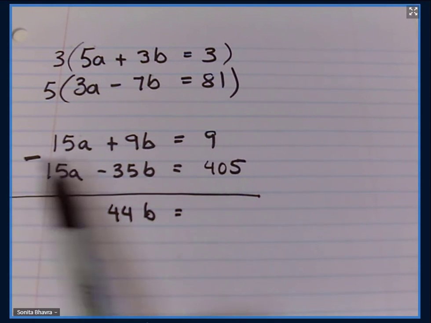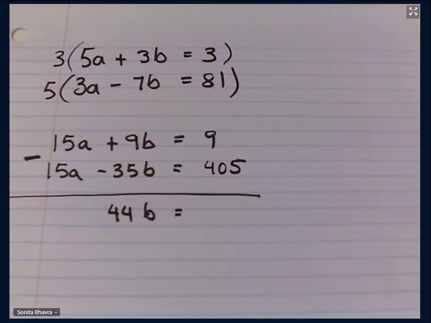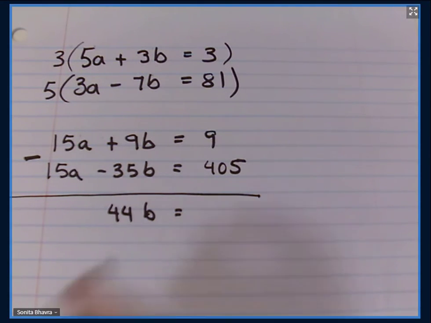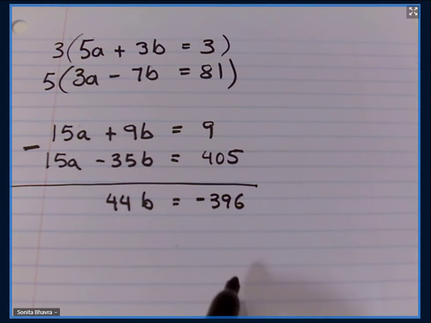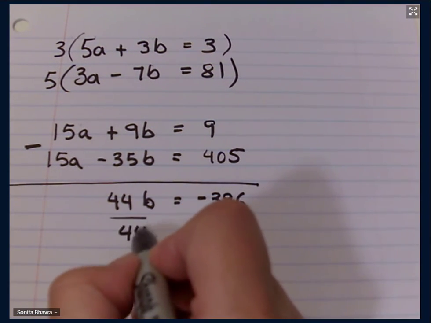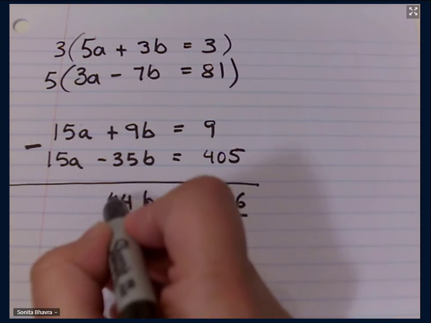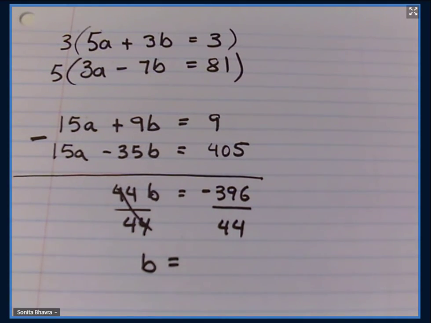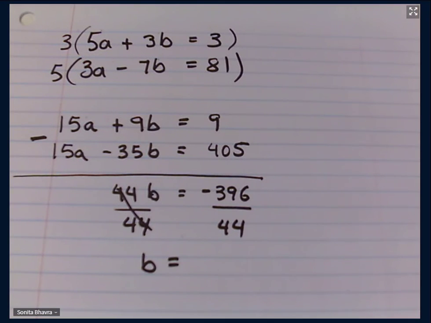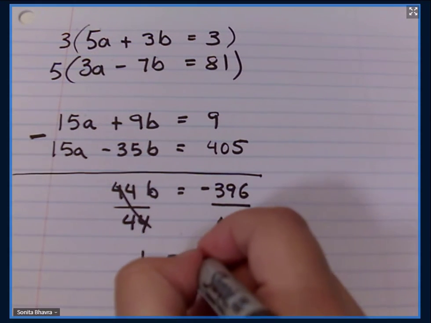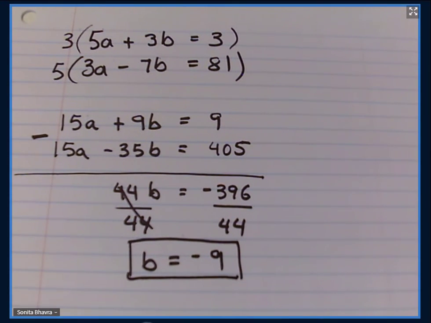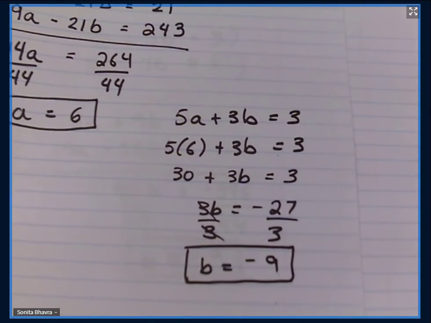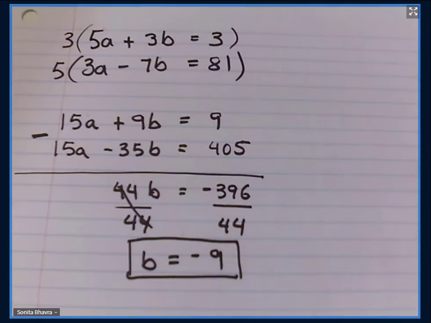And then 9 minus 405 is negative 396. Then we'll divide by 44, and we get b is equal to negative 9, just like previously, where b was also equal to negative 9.